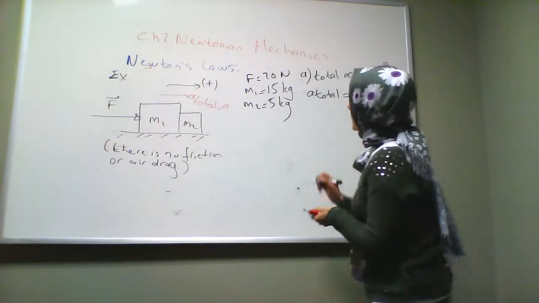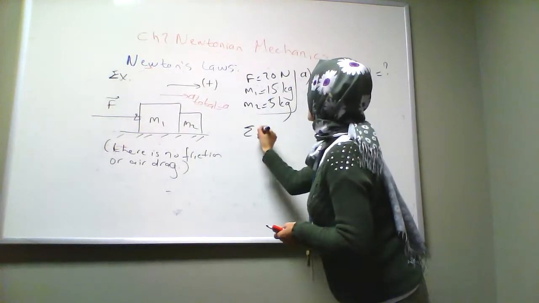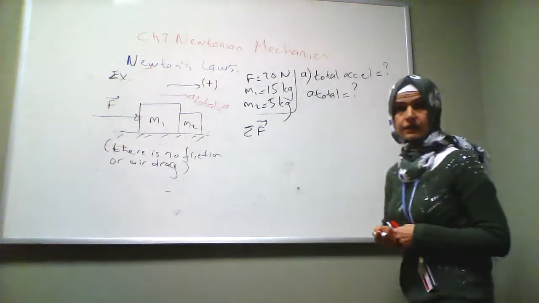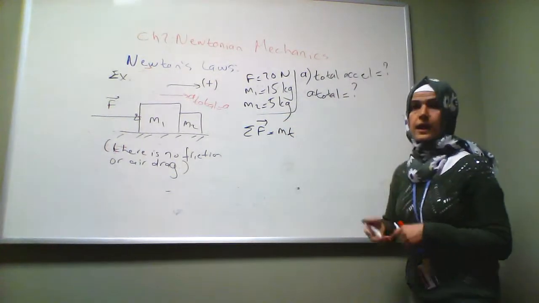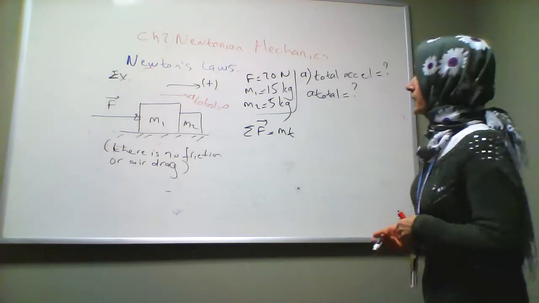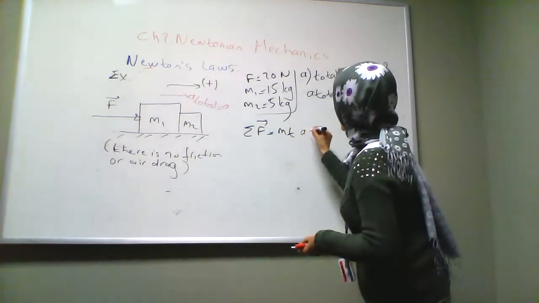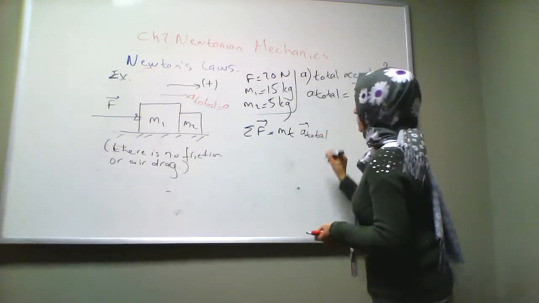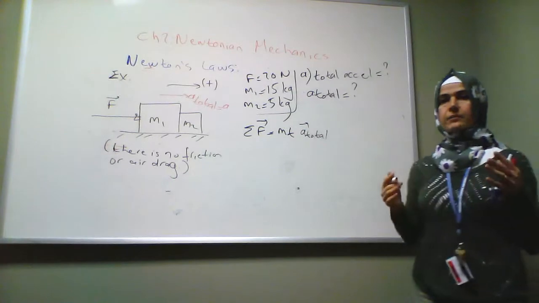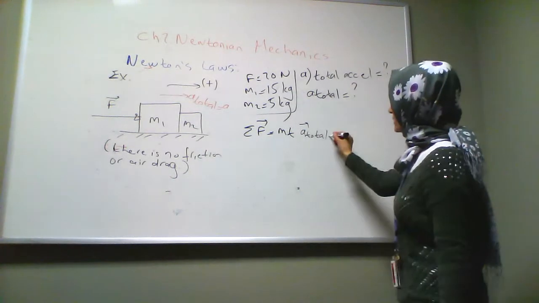I write down my Newton's second law. F total, now vectorial addition, is equal to M total. M is a scalar quantity, so I'll just add them simply to each other, times A total. And from now on, again, I'll call A total A because the system will always have the same acceleration.